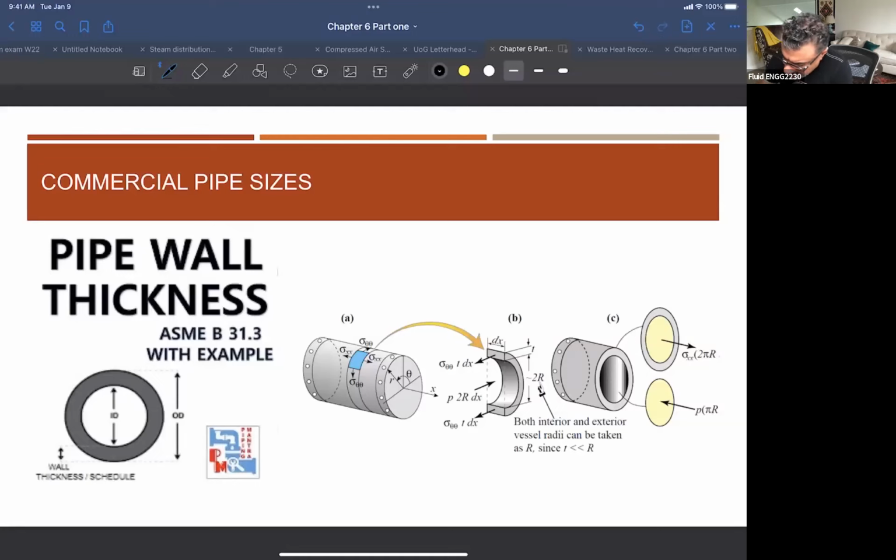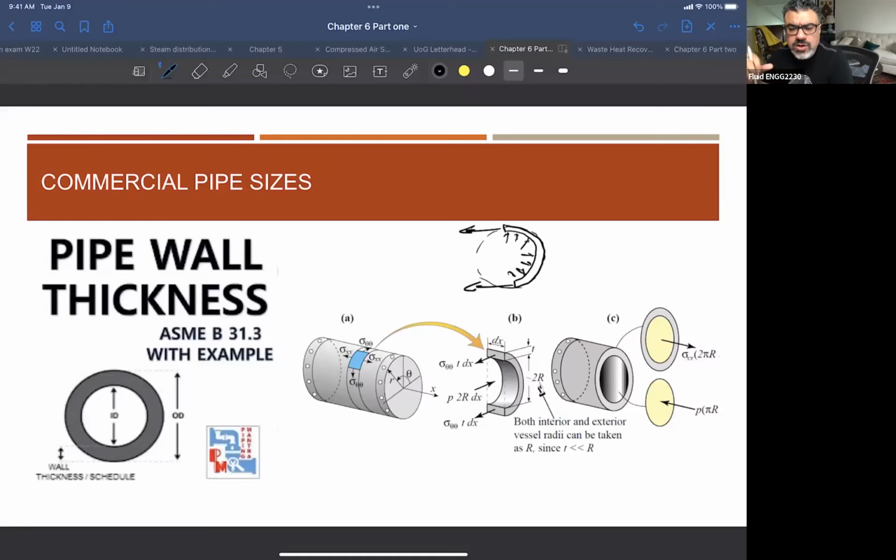So if you can imagine a pipe like this, and this pipe has a pressure inside, in order for this pipe to split, to strain or rupture, there's going to be some pressure build up inside, which is basically able to break this pipe into halves.